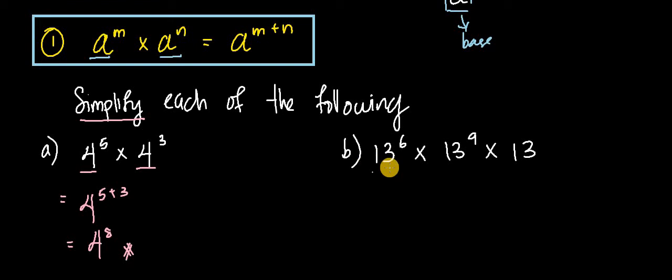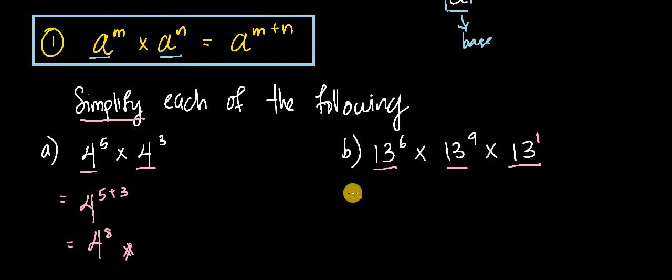Now, for B, again, they are all times. I can see all my bases are the same. All are the number 13. Now, if the question did not mention any power, the invisible power is number 1. So how am I going to solve this?